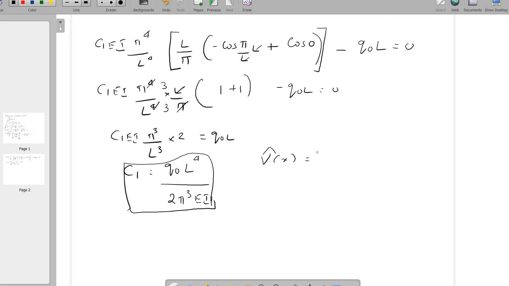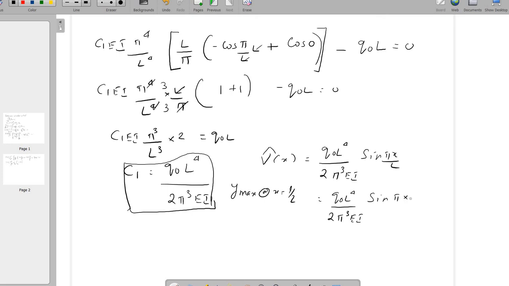So C1 sin pi x by L, where the C1 value is Q naught L power 4 by 2 pi cube EI, times sin pi x by L. If we are interested in maximum deflection Y max at x equal to L by 2, we can put Q naught L power 4 by 2 pi cube EI sin pi into L by 2 divided by L. So we can cancel L. Sin pi by 2 is equal to 1.